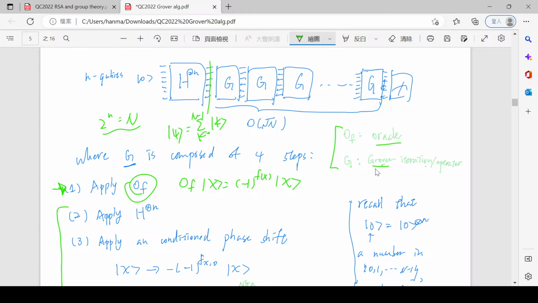So when you say Grover oracle, now it's a little confusing. Are you saying G or OF? I think most of the time when people say Grover oracle, it means OF. But for safety, you better not say this. So let's keep our notation straight, where OF is oracle and G is Grover iteration.